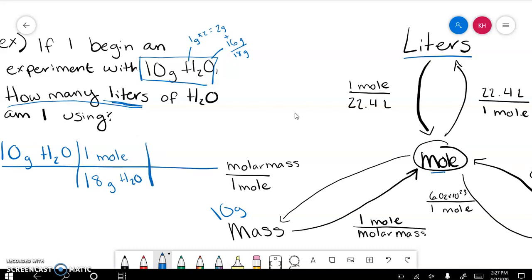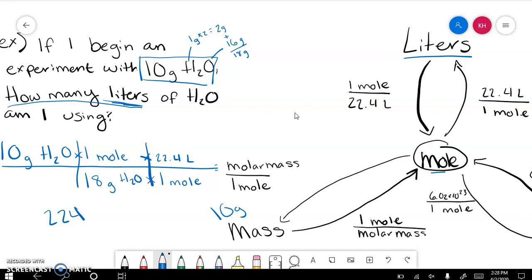now we can go from moles to liters. And we know that if we follow the arrow going to liters, we should have 1 mole at the bottom and 22.4 liters up top. And so if we multiply all this together, if I do 10 times 1 times 22.4, I know I should have 224.